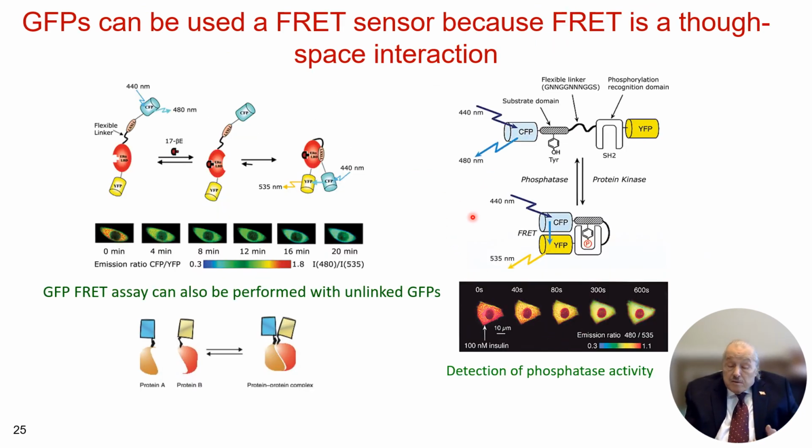In addition to following the growth of an organism, you can make sensors out of GFP. And they're typically FRET sensors, and they can be done in a couple of different ways. But typically you have one molecule that binds another molecule. They don't have to be covalently attached like they are here.